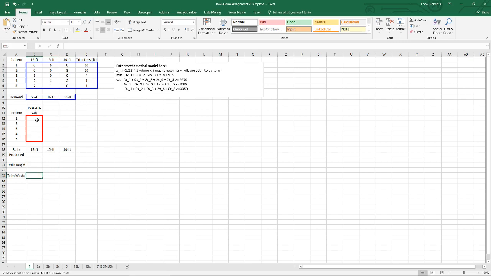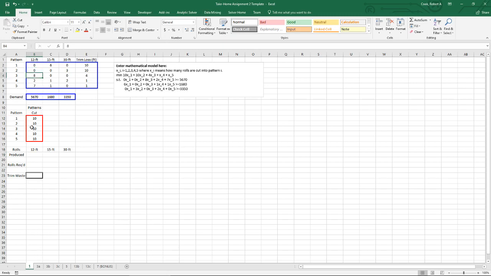So, as per normal, let's just start with the patterns cut and put something in there that gets us something to work with. I'm just going to put in 10. It doesn't matter what you put, and in fact, you can put in nothing, and it still works. Okay, so then we must ask ourselves, how many 12-foot rolls are produced? Well, we produce 0 from pattern 1, so we don't need to worry about how many patterns of 1 we make. We don't get any from pattern 2, so again, we can skip it.